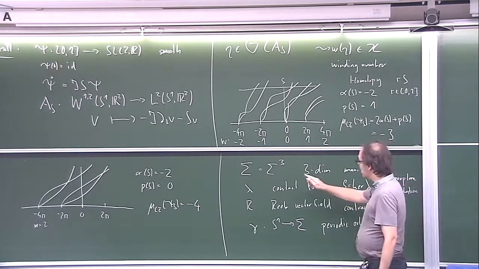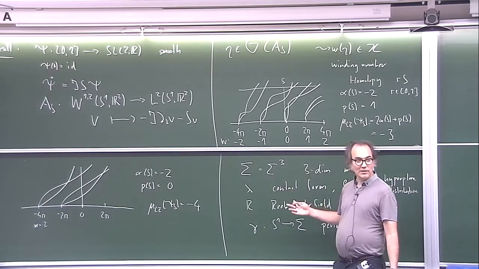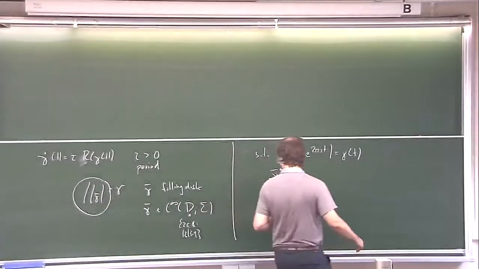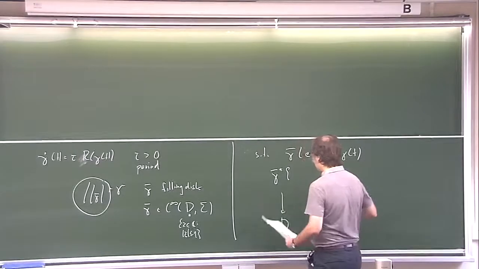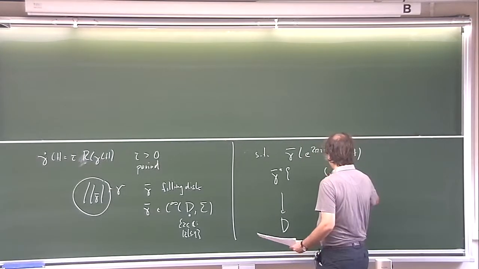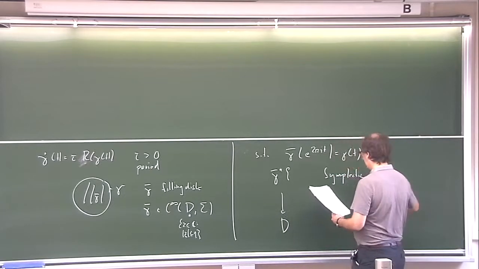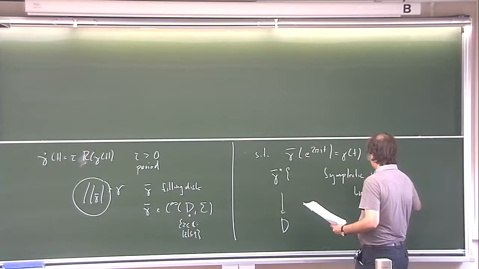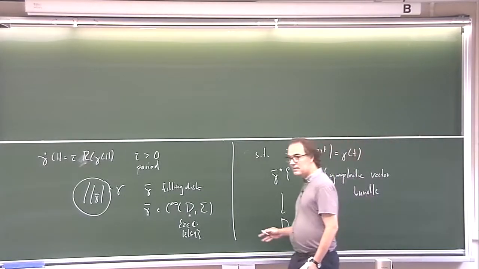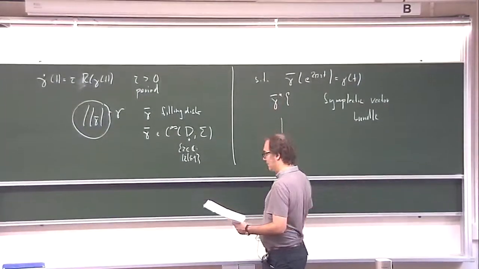So in this case, if you have a three-dimensional manifold, this is a two-dimensional symplectic vector bundle over sigma. So we look at the pullback over D. So this is a symplectic vector bundle, where the disk D is just contractible, so we can trivialize.